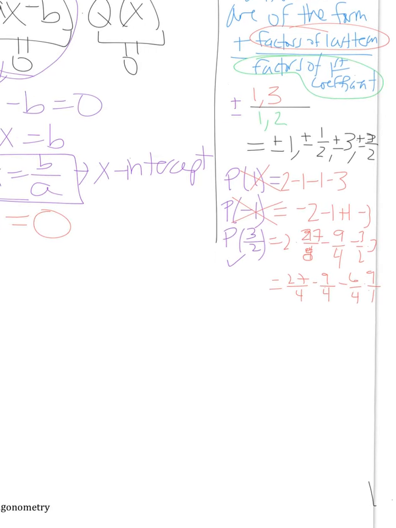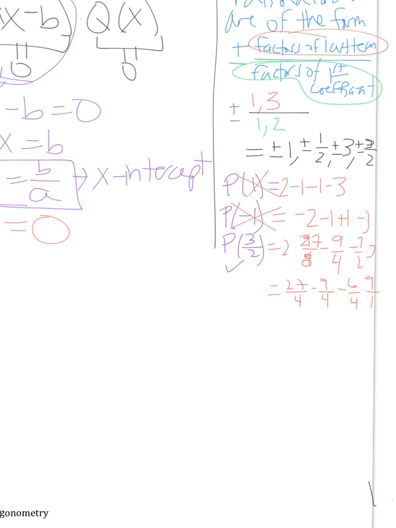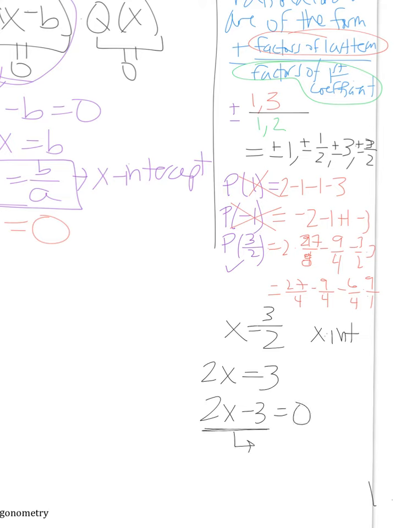Now that I've found a root, I know that x equals 3 over 2 is an x-intercept. So that means I can multiply both sides by 2 and subtract 3, and then that tells me that 2x minus 3 is a factor of my polynomial.